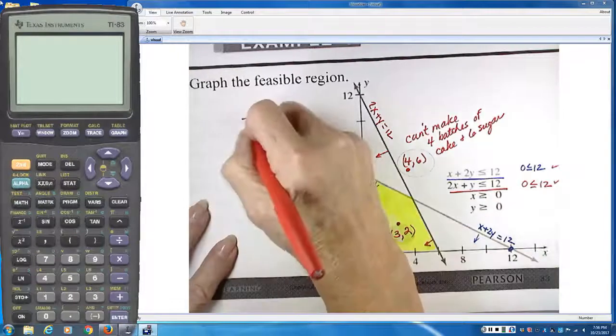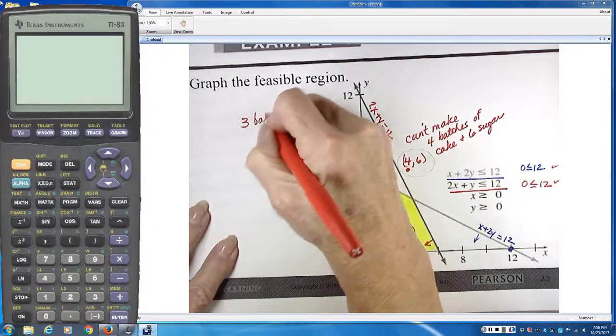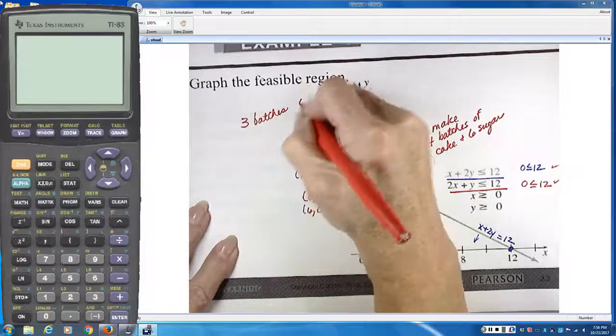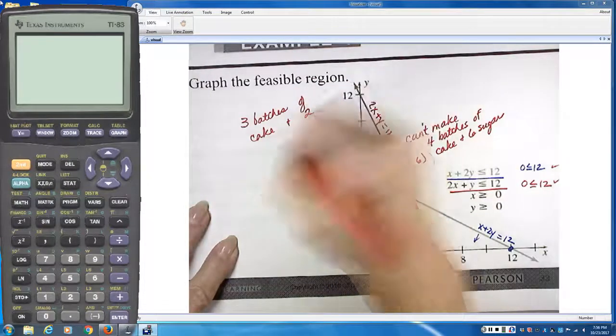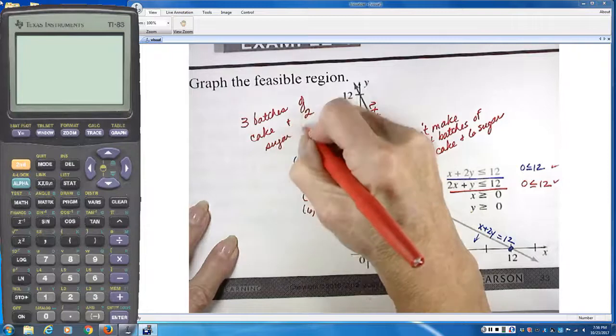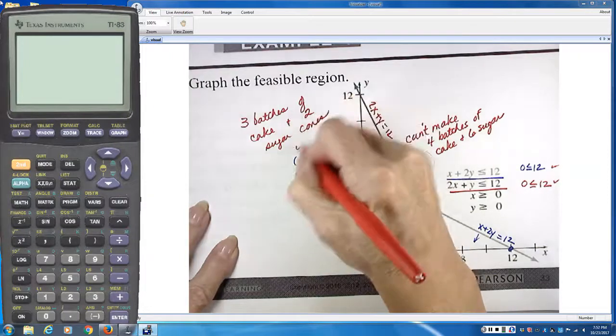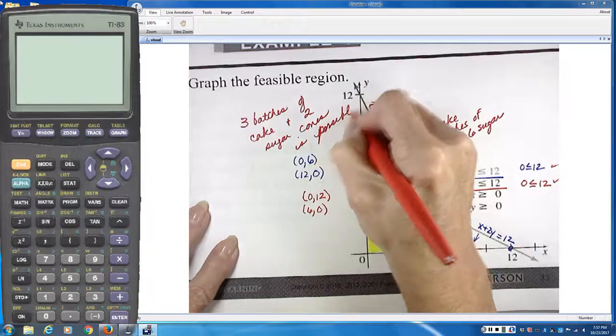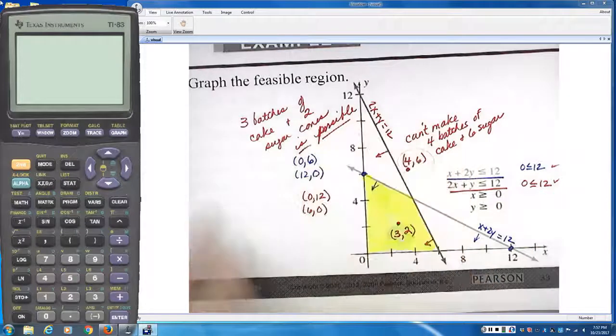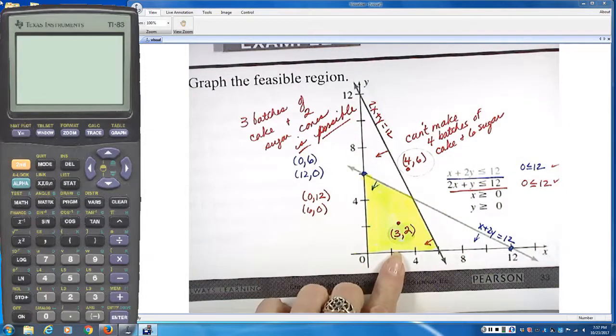So that one is possible because it's in your feasible region.